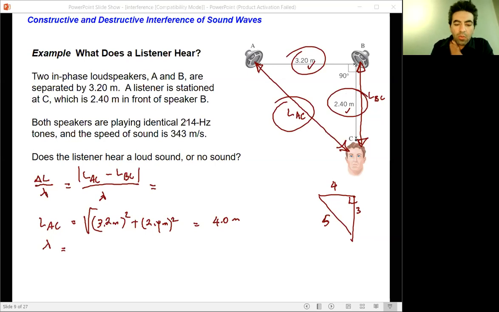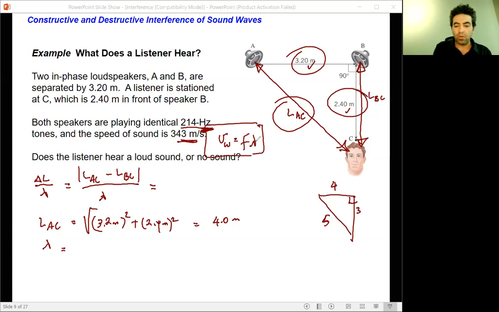I'm not given the wavelength, I'm given the frequency, because the unit is hertz here. So that's 214 hertz frequency, and I'm given the speed of the wave. I seem to remember that there's something that relates the speed of the wave to the frequency and the wavelength. Do you remember that the speed of any wave is always equal to the frequency times the wavelength?